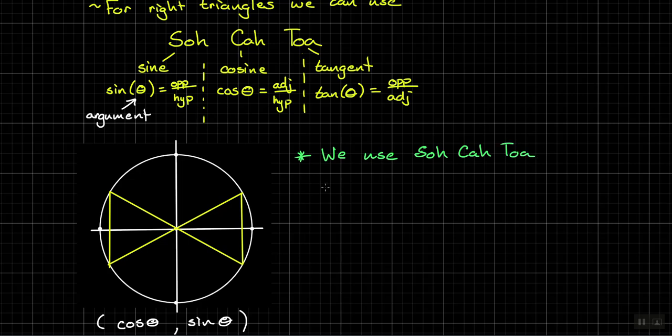We use SOHCAHTOA to find a side length if we are given an angle. Okay, so if I tell you an angle, you can use SOHCAHTOA, but it turns out if you can use SOHCAHTOA, there's pretty commonly going to be a situation where you've been given 2 sides of the triangle anyway, and Pythagorean theorem would also work.